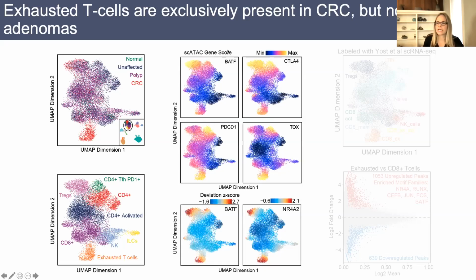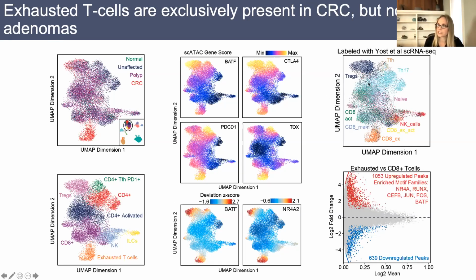If we look again using gene activity scores based on the ATAC-seq, we can see that there are markers of T cell activity, and that the accessibility of motifs of transcription factors such as CTLA4 and TOX, which were labeled as being exhausted in these ATAC-seq data sets, really mapped back to this population.